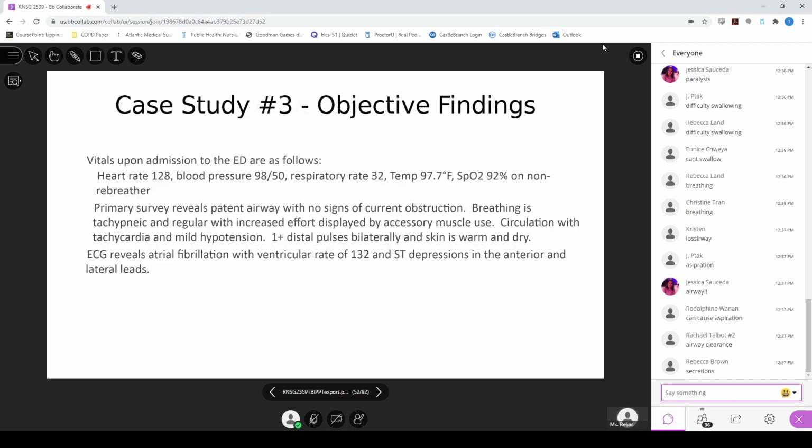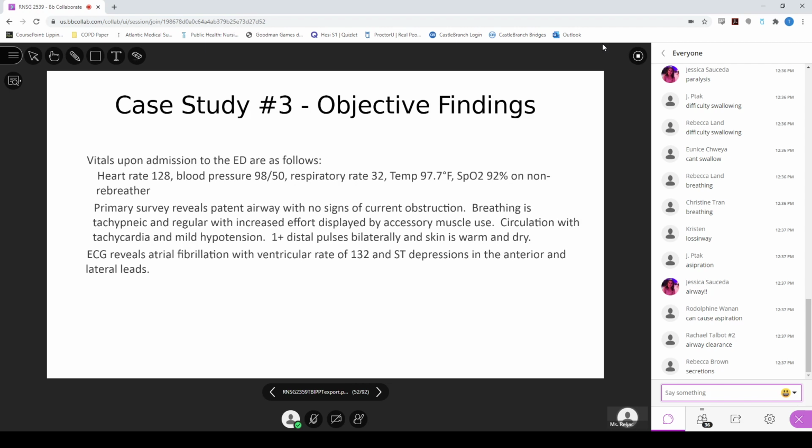So this patient, upon admission to the emergency room, her heart rate's 120, blood pressure is 98/50, respiratory rate is 32, temperature is 97.7, SpO2 is 92, and she's on a rebreather mask. The primary survey or assessment reveals the patient's airway with no signs of current obstruction.